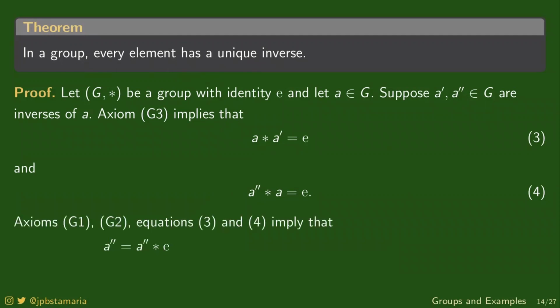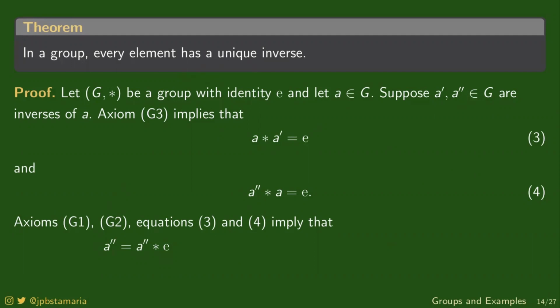Ang gagawin ko, well, I will express A double prime as A double prime times E. Why can I do that? Because E is the identity. Definition niya ng identity. Ayan yung group axiom 2. By the way, pag sinabi kong G1, G2, G3, yan yung tatlong group axioms. Yung G1 associativity, G2 identity, G3 inverses. Okay?